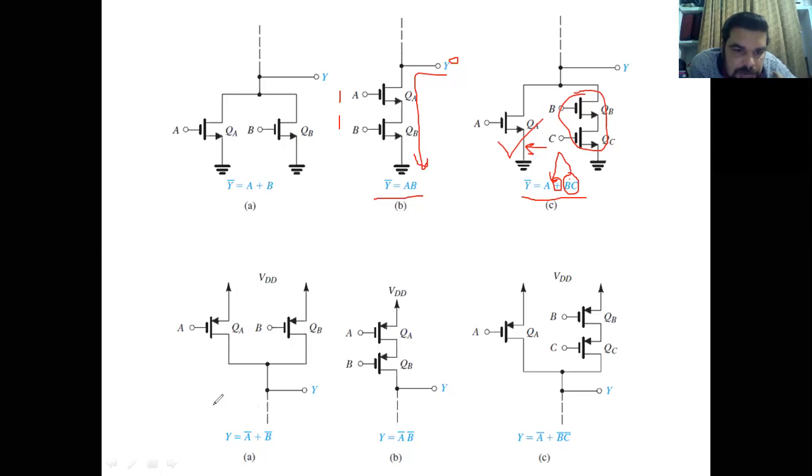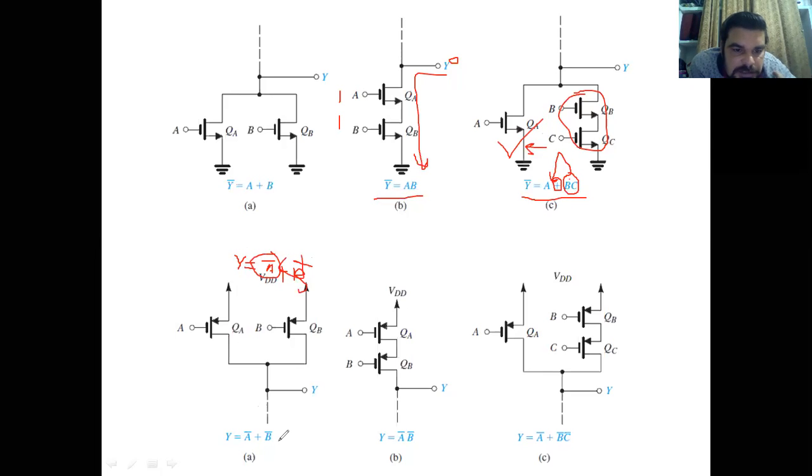Now, in order to design the pull up network, I already told you that the combinational logic should be converted in the form y equals to complement of inputs. So all inputs should be converted in the form that all inputs are in complement form.